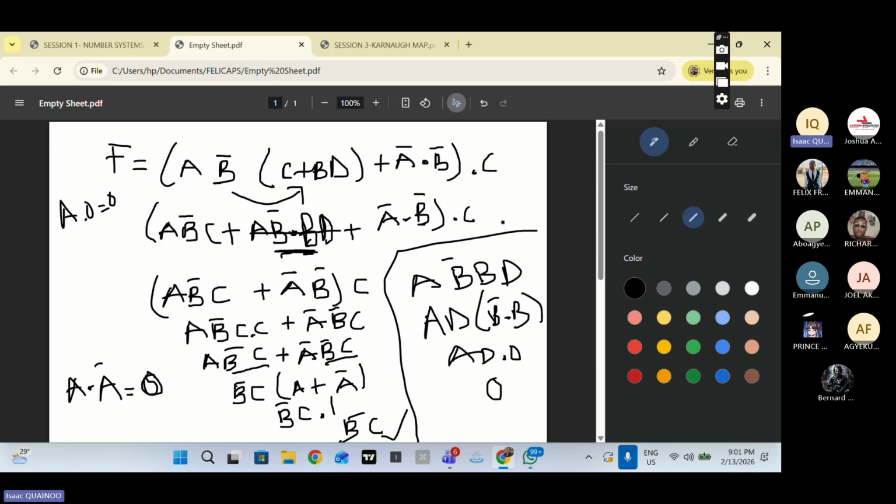It's just like multiplying any number by 0. You will get 0. So that was how we arrived at the conclusion that the return value of everything here will be 0. Okay, thank you, sir. You are welcome.